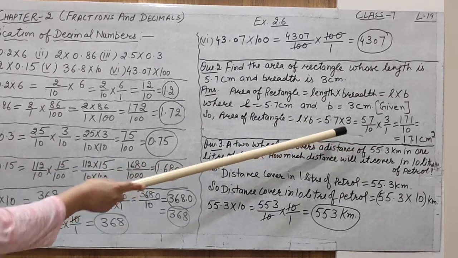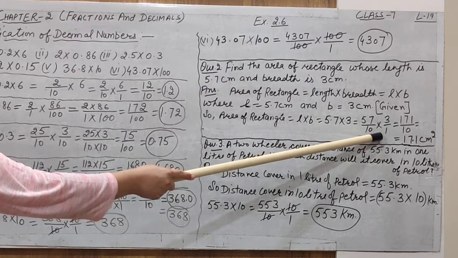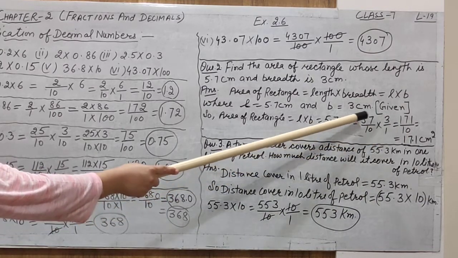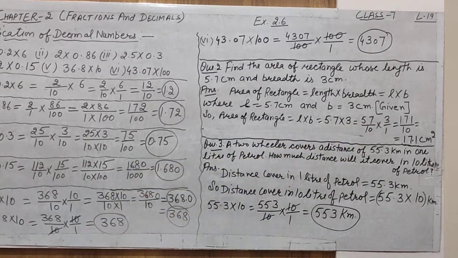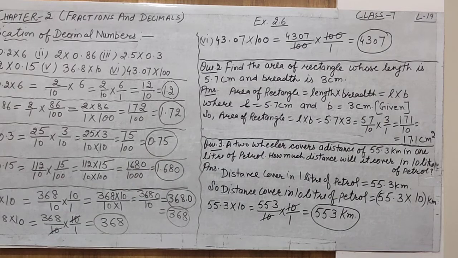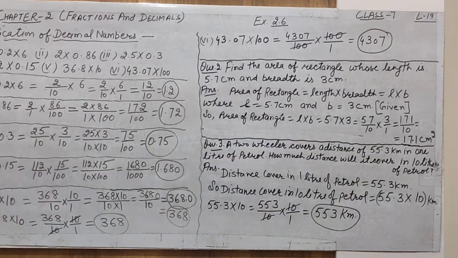And this whole number must be changed into a fractional number, 3 divided by 1. When two fractional numbers are multiplied, numerator is multiplied with the numerator. When 57 is multiplied with 3, we get 171 divided by 10 multiplied with 1, we get 10.